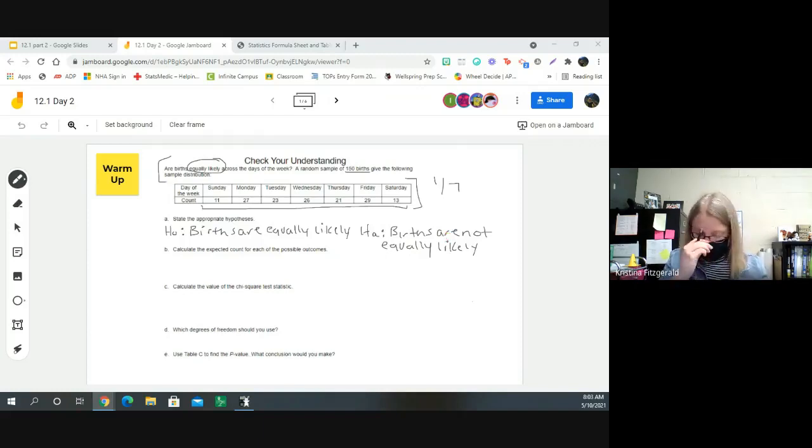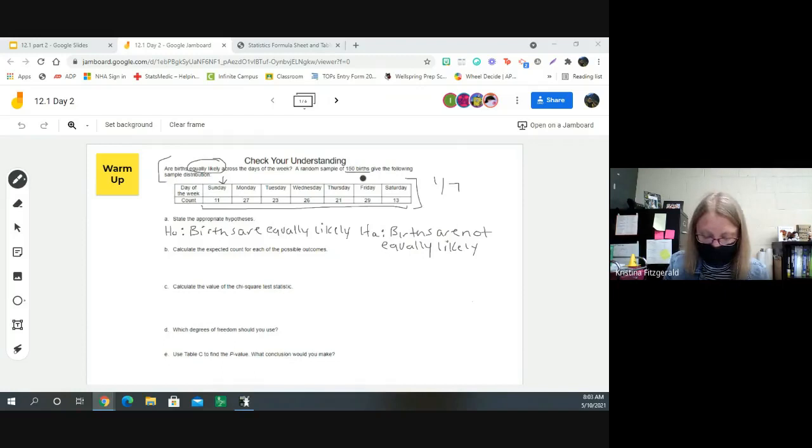Okay, so we want to get the expected count for each of our outcomes. So we're going to have to figure out what we would expect in each category, so under each day, if they are equally likely. So we're going to have to do some math. If you have a calculator, people in here, use a real one. People at home, use the one on your Chromebook. We're going to need the total number of births, which is given there.